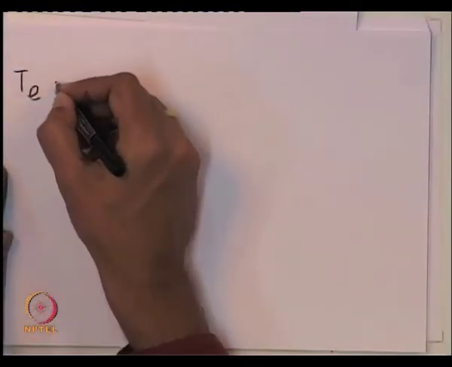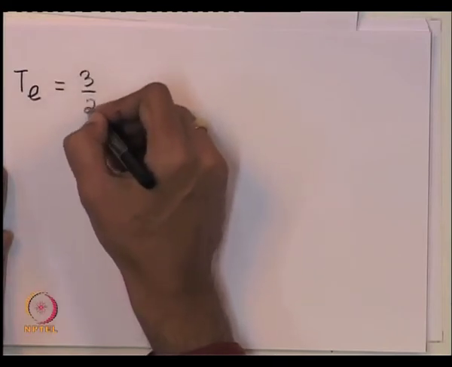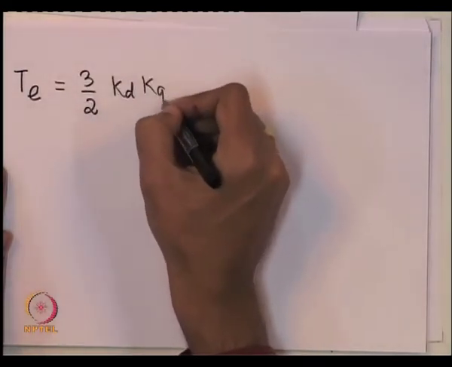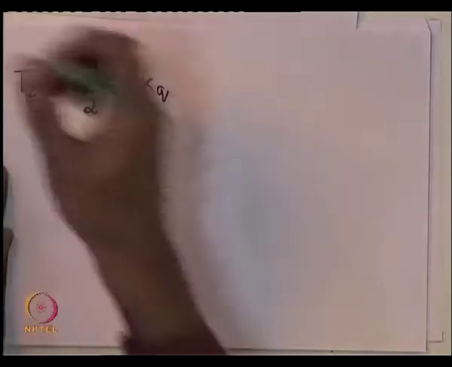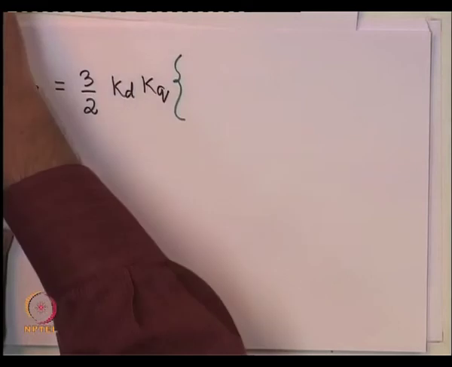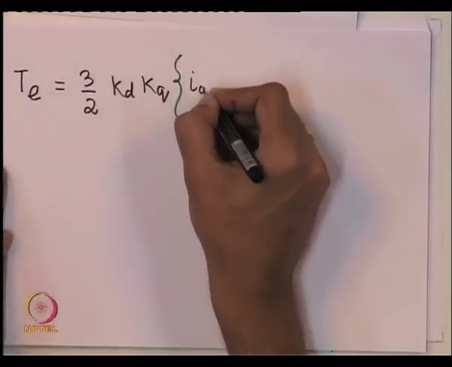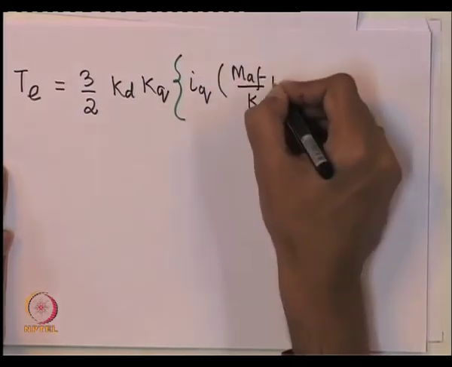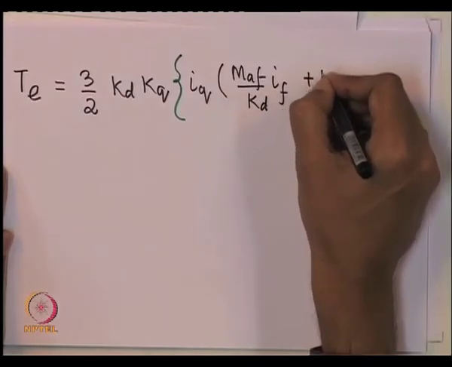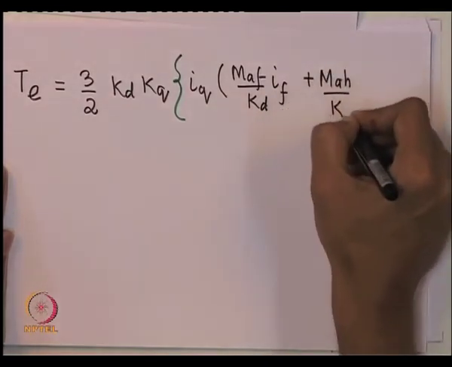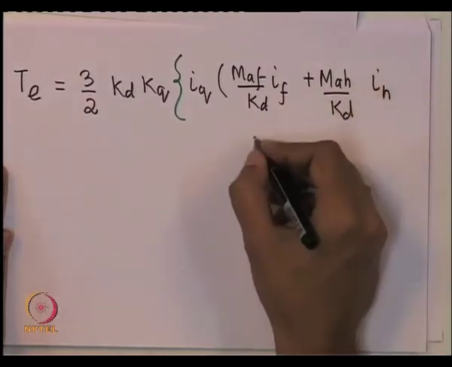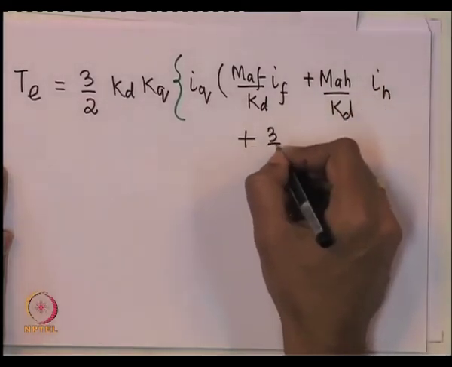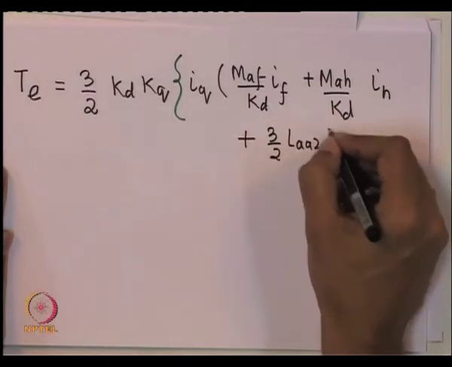So, eventually we get, I'll just write down the torque equation. Te comes out to be 3 by 2 times Kd Kq into Iq into MAF by Kd If plus MAH by Kd IH, plus 3 by 2 LAA2 Id.